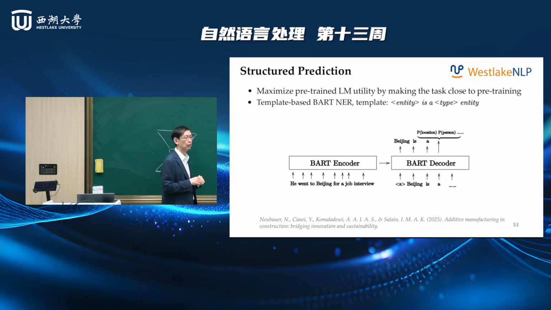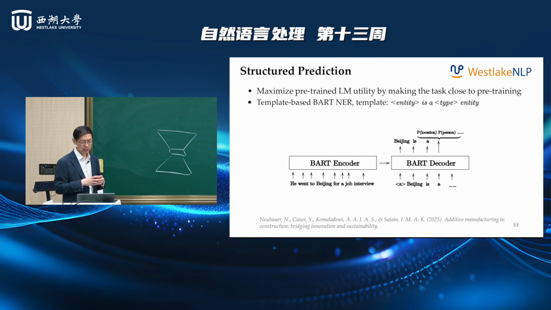And with that, we can create a sentence: entity is a type entity, as I show you in the slide. And then when you generate the sentence, you force the model to fill the entity span and to fill the type span. Maybe you restrict the type to only a few words. You restrict the entity into only a span in the input.